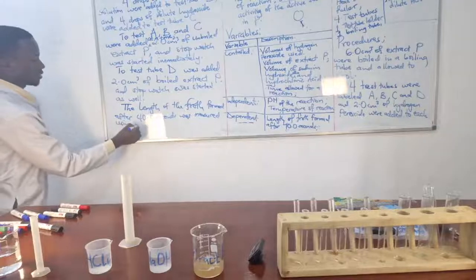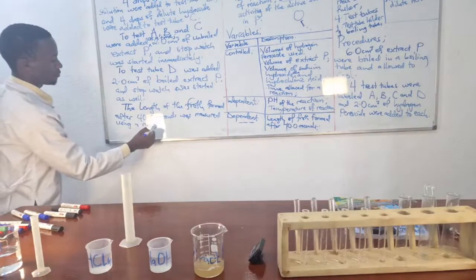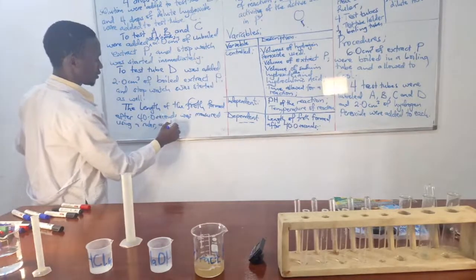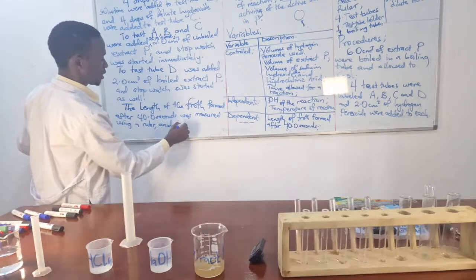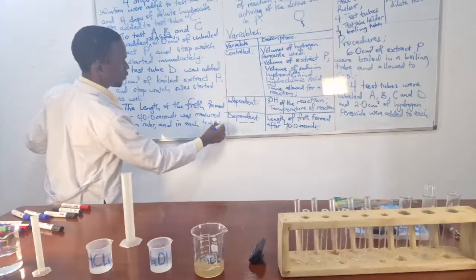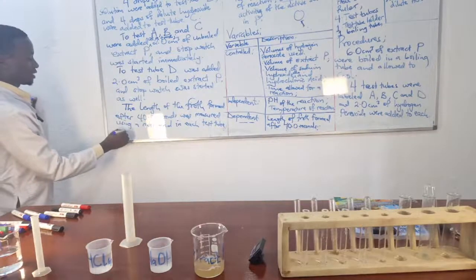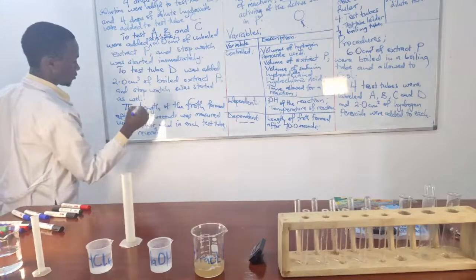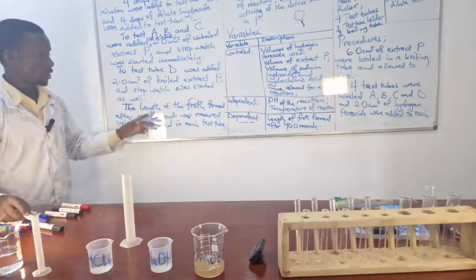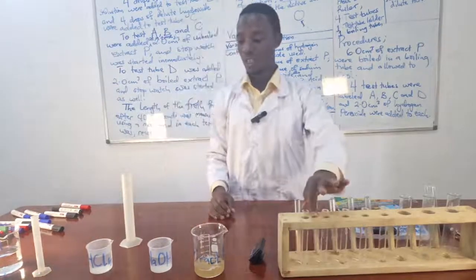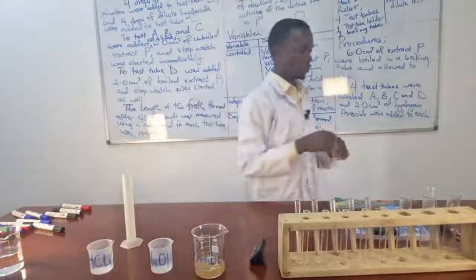Using a ruler in each test tube was recorded. This is what we are going to write. This is what we are going to do now. We are going to start with this.